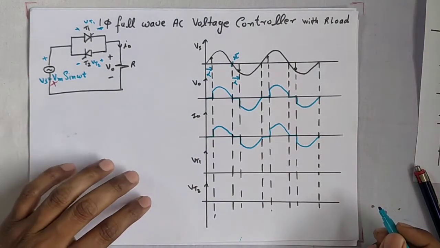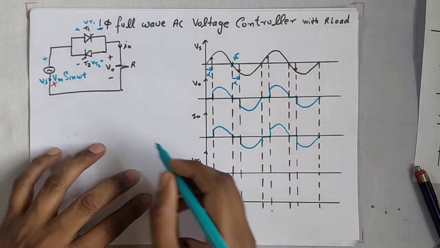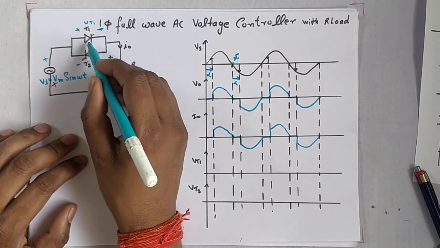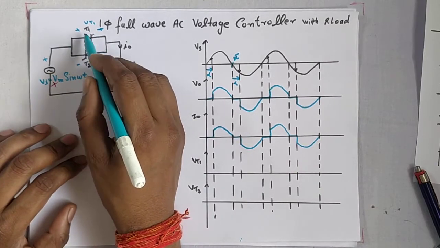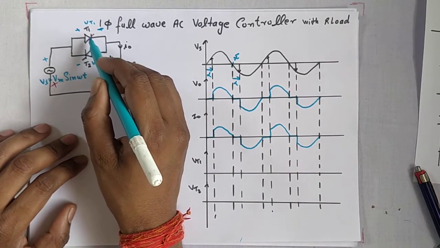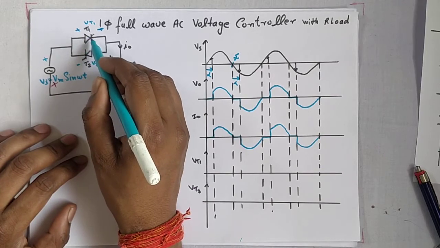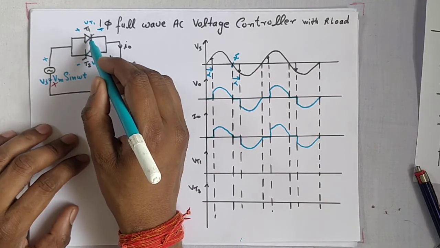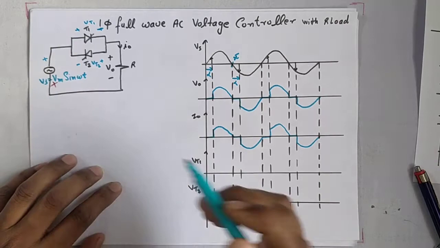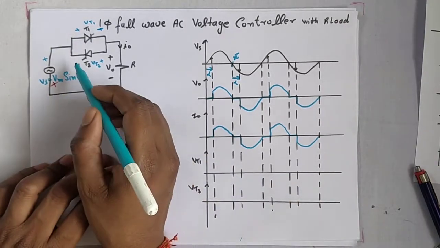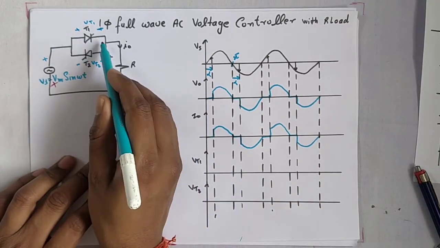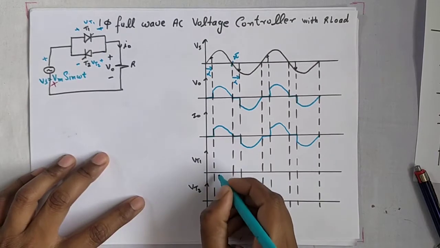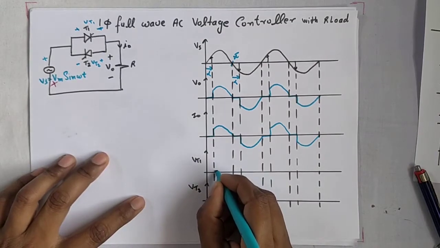When T1 is on, the voltage across T1 is the same as the potential drop across T1. So when the thyristor is on, the voltage across it is just the potential drop.